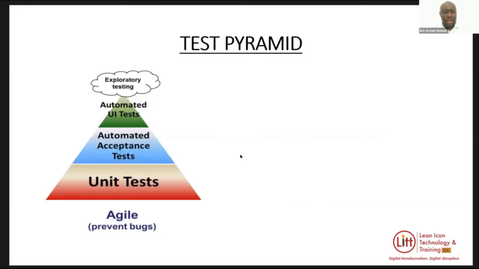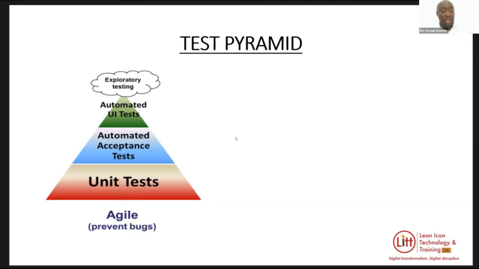I've got an example of this testing pyramid here. Traditionally, software tests can be done at different levels, and we will be looking at test levels later on. But the agile test pyramid, like the one we're looking at here, is based on the testing principle of early QA and testing.